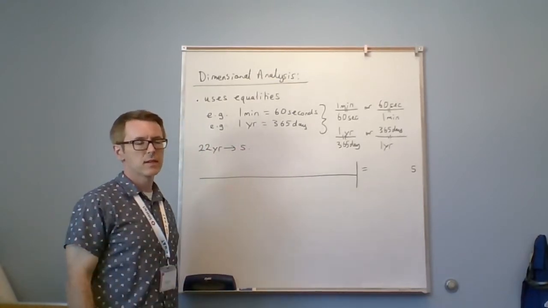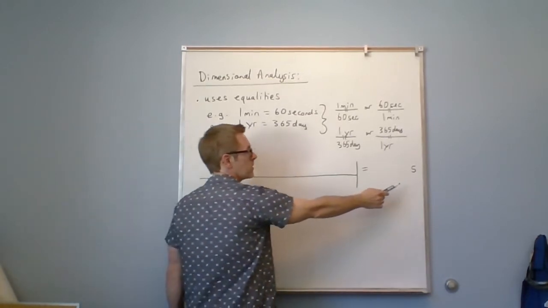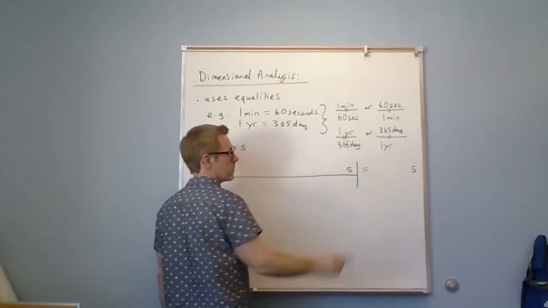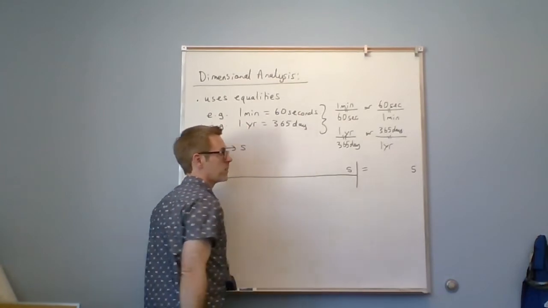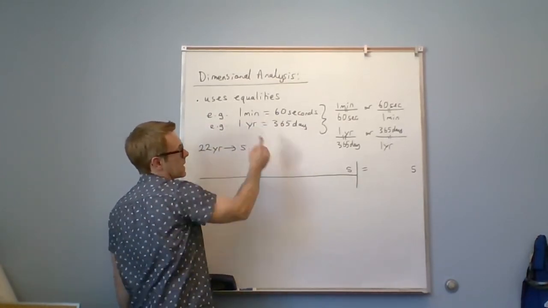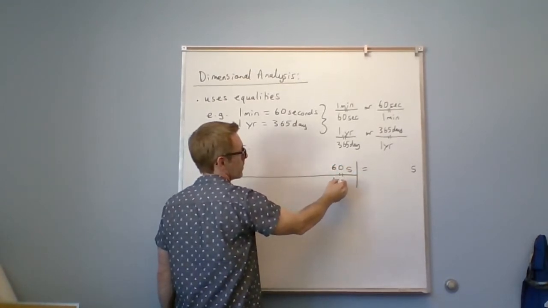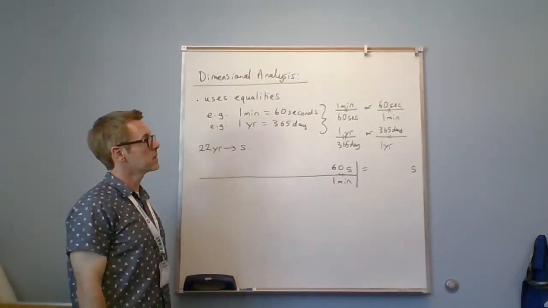Whenever you do dimensional analysis, I recommend that you do it backwards. So start where you mean to finish. I need seconds, so I immediately write seconds here. So we have seconds equals seconds. Then I have to use some equalities. Well, I know 60 seconds is equal to 1 minute.